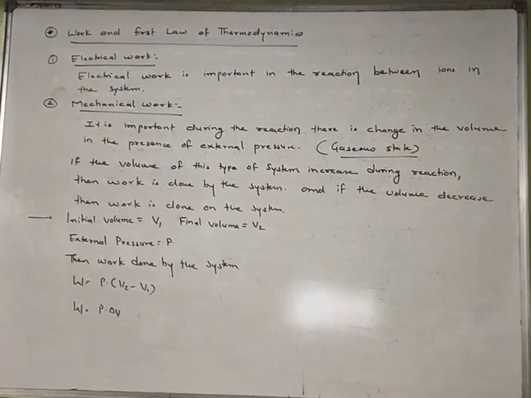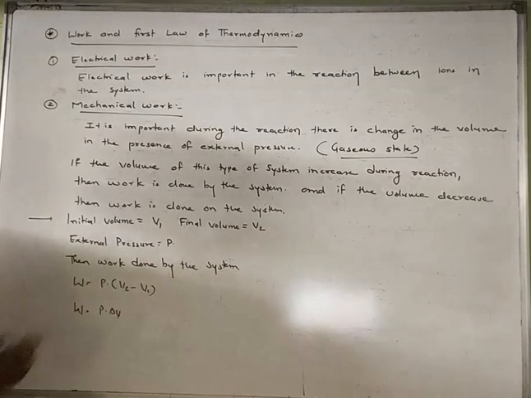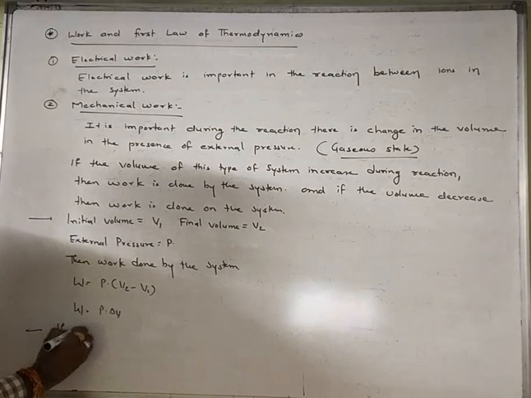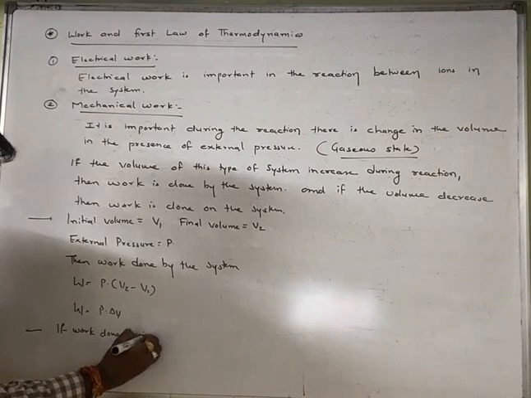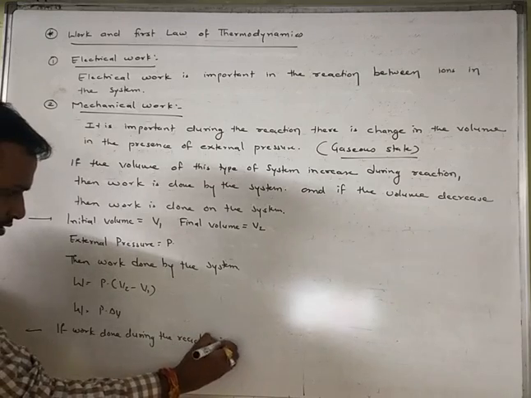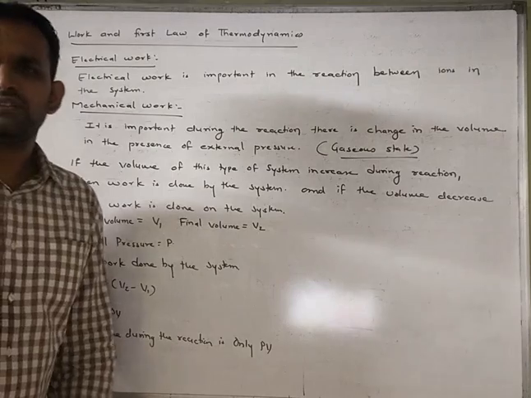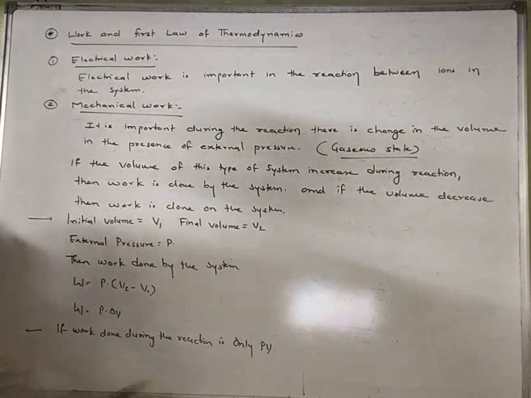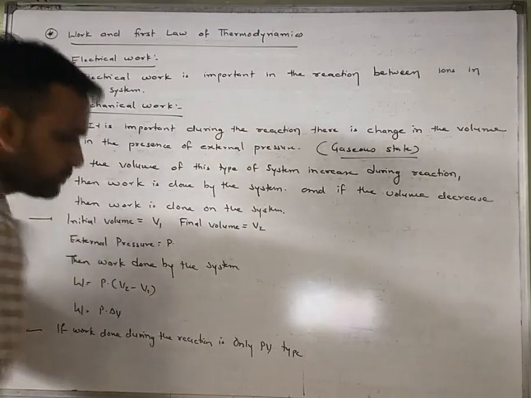Is it clear? Now, if work done during the reaction is only PV, right? Then PV type work is there. So we can say that Q equals to QP.